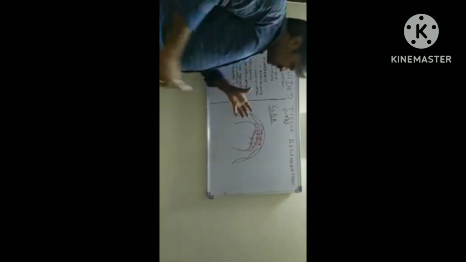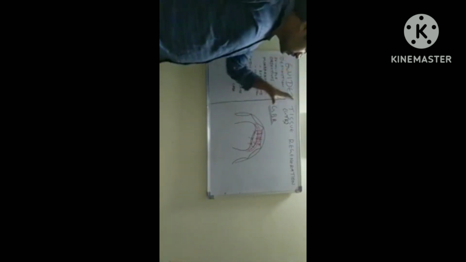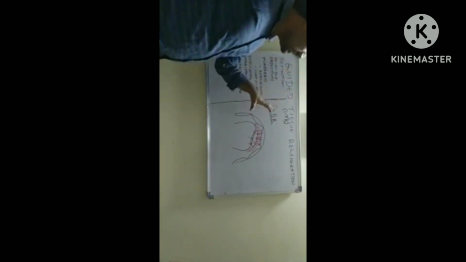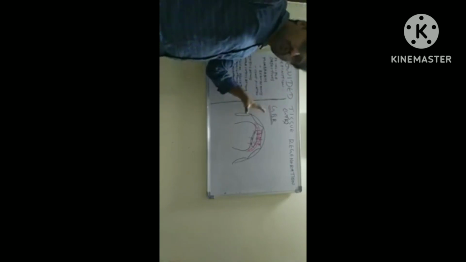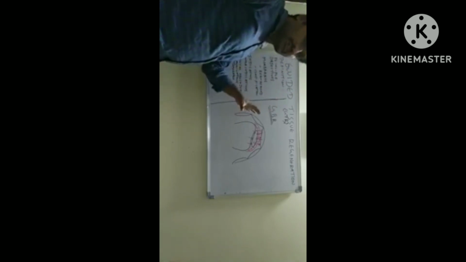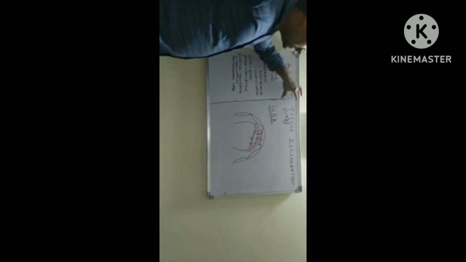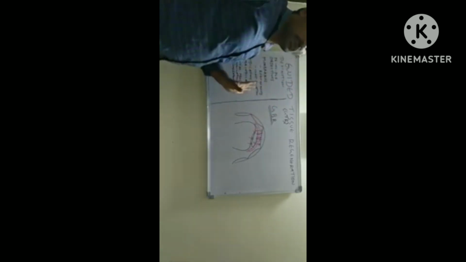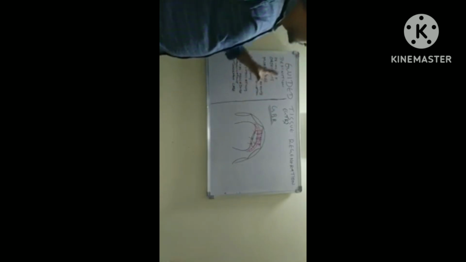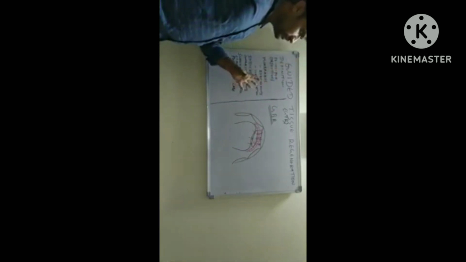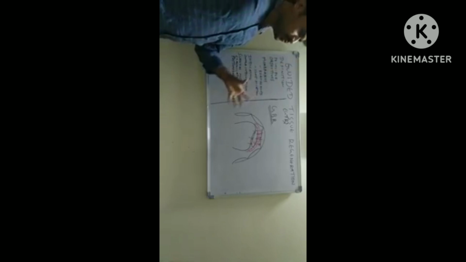So principle wise, everything is similar to guided tissue regeneration, except we are aiming to regenerate only bone, guided bone regeneration. If a question is asked like this on GBR, we can write in detail about GTR also, except that we are aiming to regenerate bone cells only. Okay, this is GTR. Important for undergraduate students.